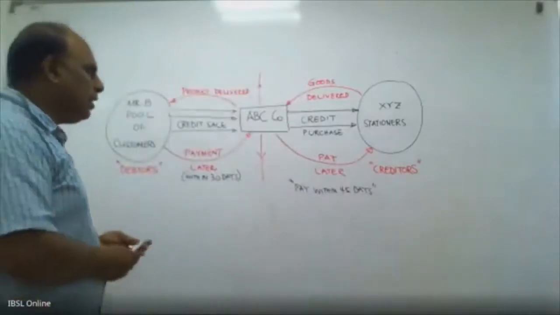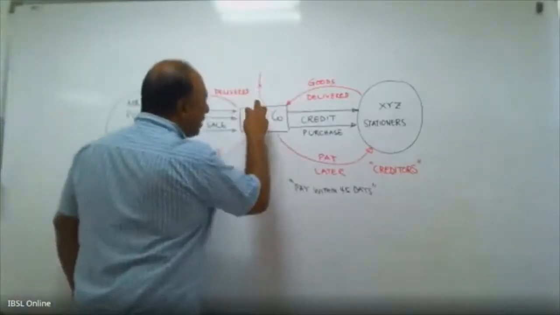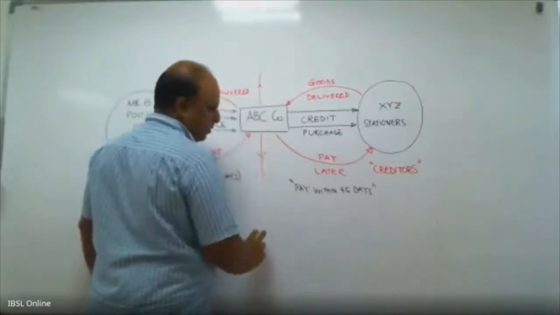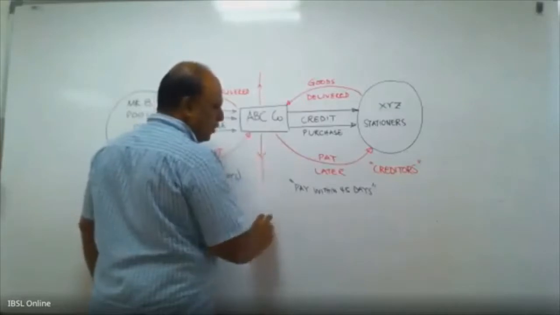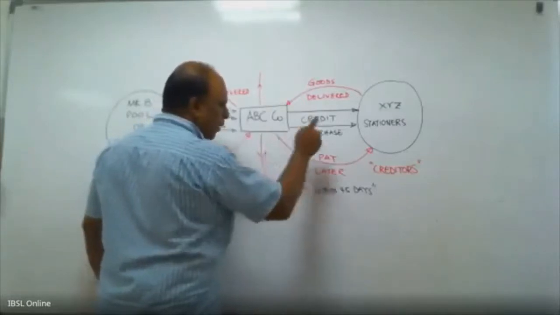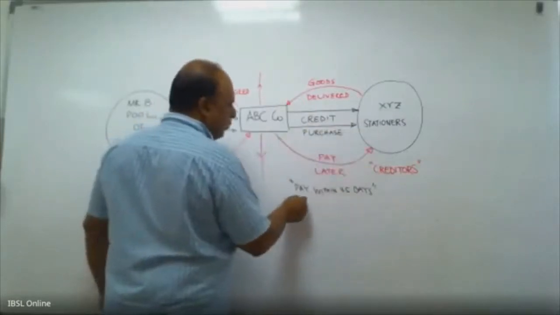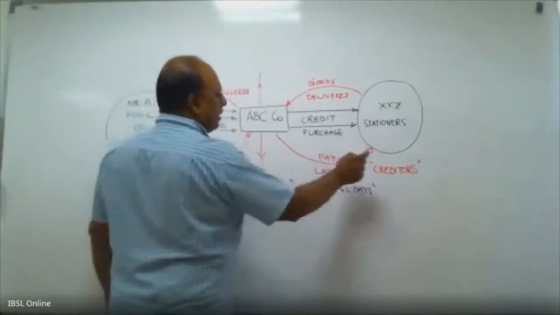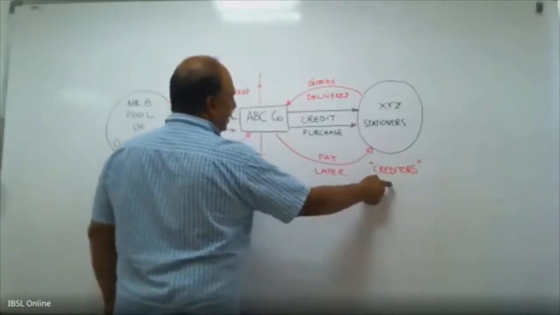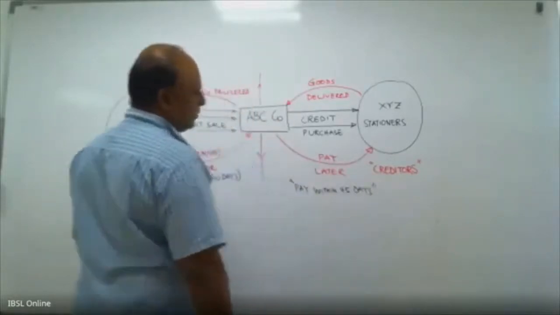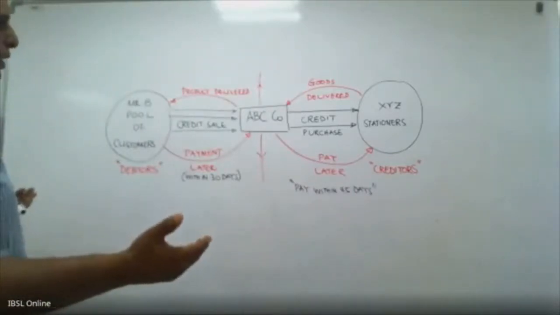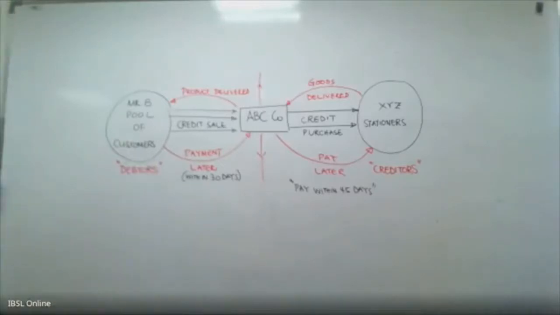Now what is happening here? ABC company is going to have an obligation. Okay? ABC company is going to have an obligation to pay XYZ stationers within 45 days. As a result, XYZ becomes a creditor to ABC company. Okay? Now look at it from the point of view of the elements of the accounting equation.